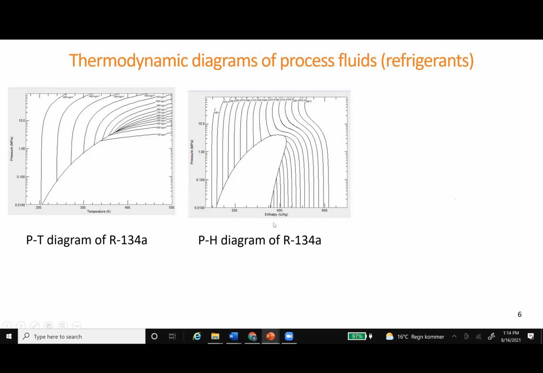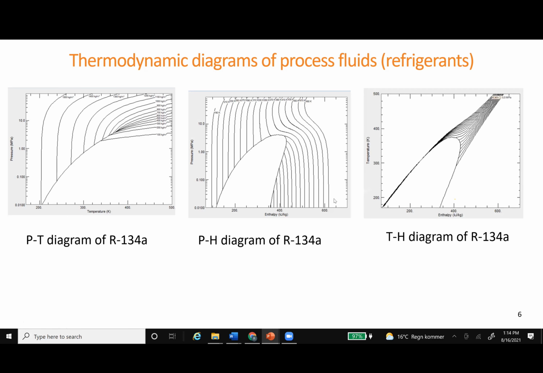And we will see that this diagram is very much used in refrigeration design, both in the selection of the refrigerant as well as design of the operation.